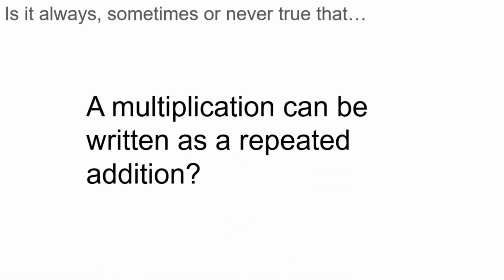Is it always, sometimes, or never true that multiplication can be written as a repeated addition? We extend from natural numbers and integers to rational numbers and real numbers, and perhaps even complex numbers. How does this definition stand up?